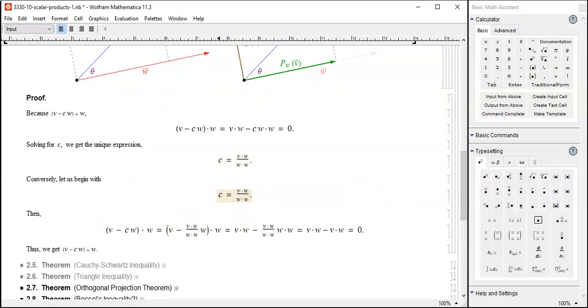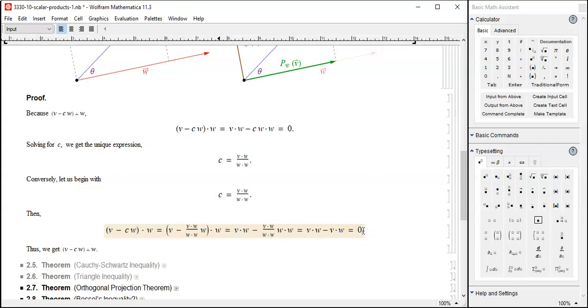Now, vice versa, conversely, we begin with C equals V dot W over W dot W. Yeah, we can do that because W is non-zero, the denominator is not zero, so everything is okay. And put it directly into this, V minus CW, and then work it out. Break out the parentheses, and then simplify this denominator and that one out.